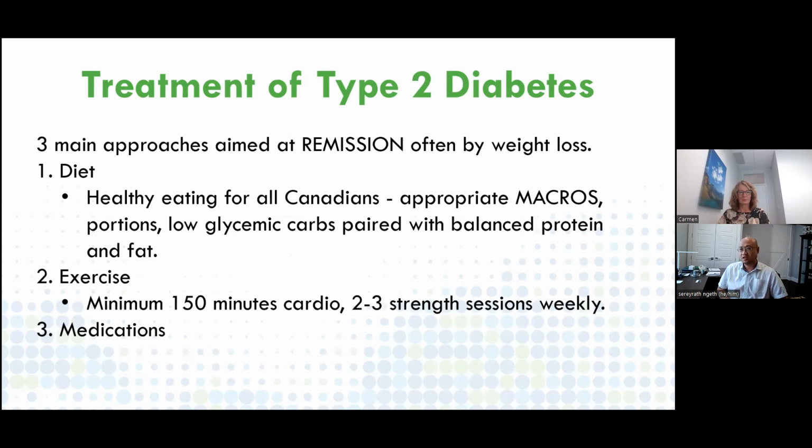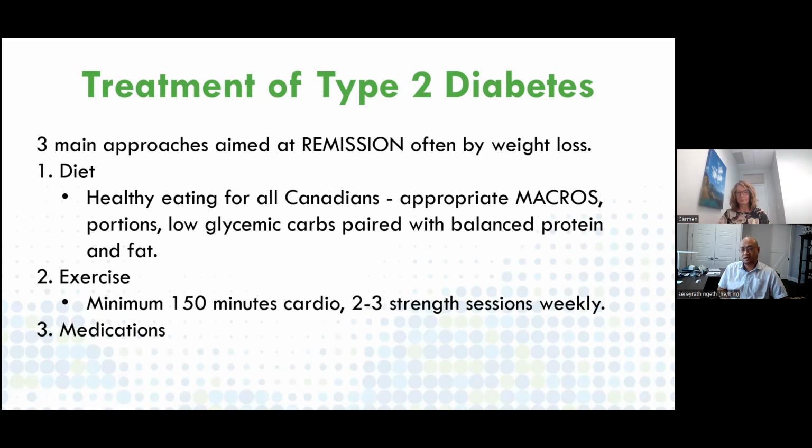So in terms of diet, we recommend appropriate macros, portion control, low glycemic carbohydrates paired with balanced protein and fat. Exercise, again, becomes very important. Weight loss is important. I often recommend exercise more so for heart and lung health more than weight loss.